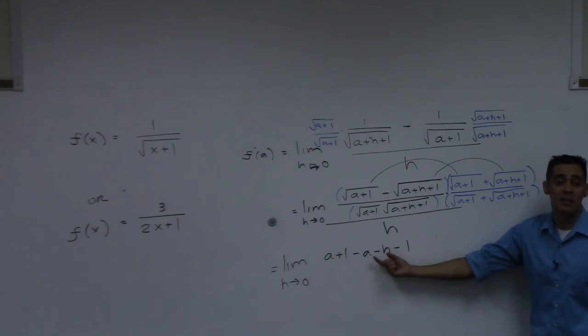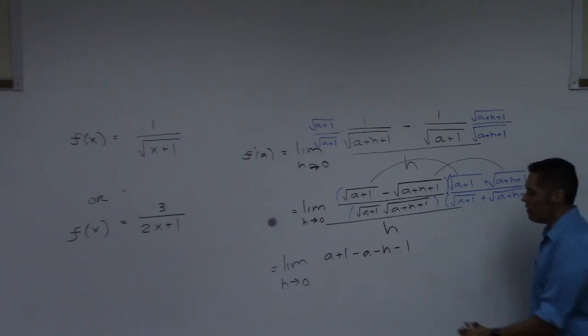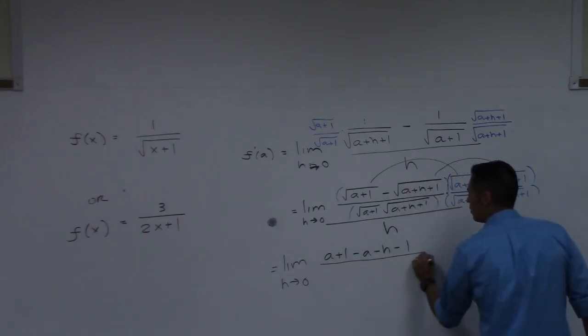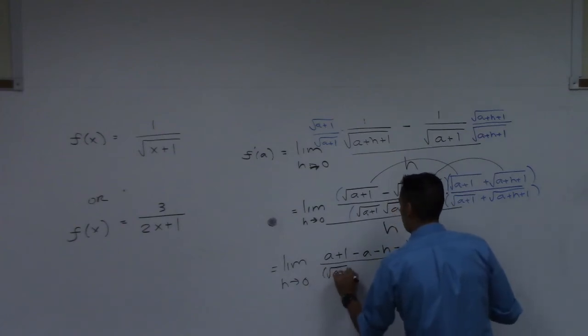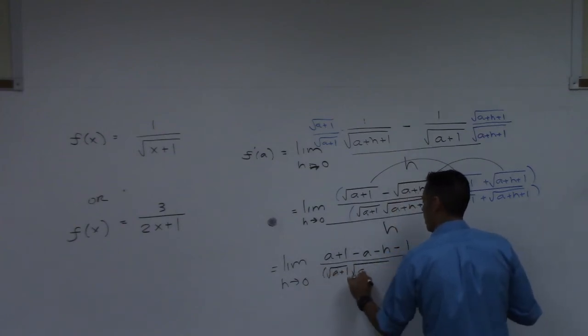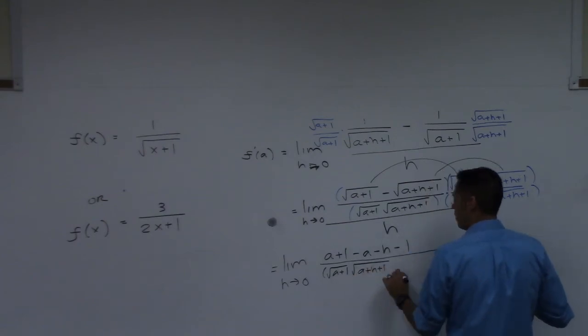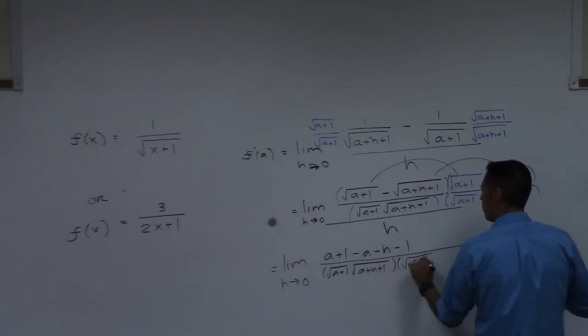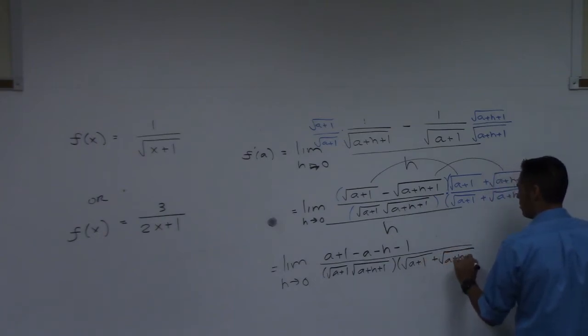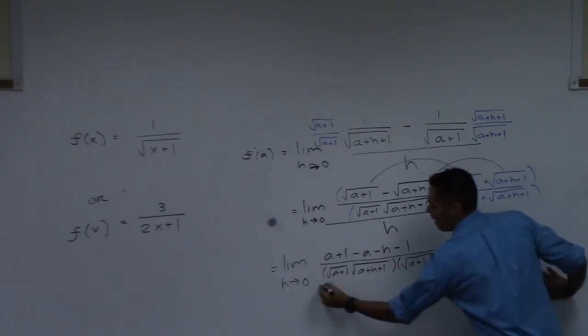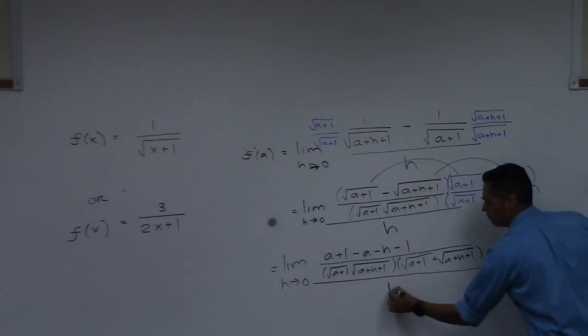I already distributed the negative through. That is sitting over this disgusting looking root a plus 1 times root a plus h plus 1 times root a plus 1 plus root a plus h plus 1. And all of that is on top of h.